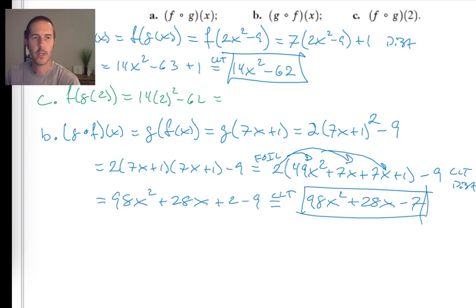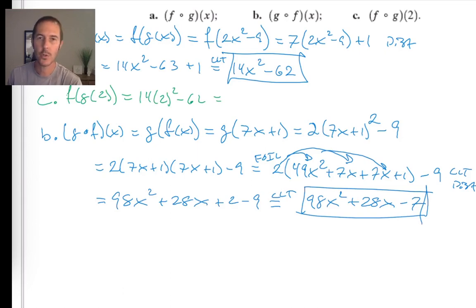And you'll notice here that g of f of x does not equal f of g of x. And in fact, it's very uncommon that they will. And I'm pretty sure under all circumstances when you're working with real numbers, if f of g of x equals g of f of x, they'll both end up equaling x.